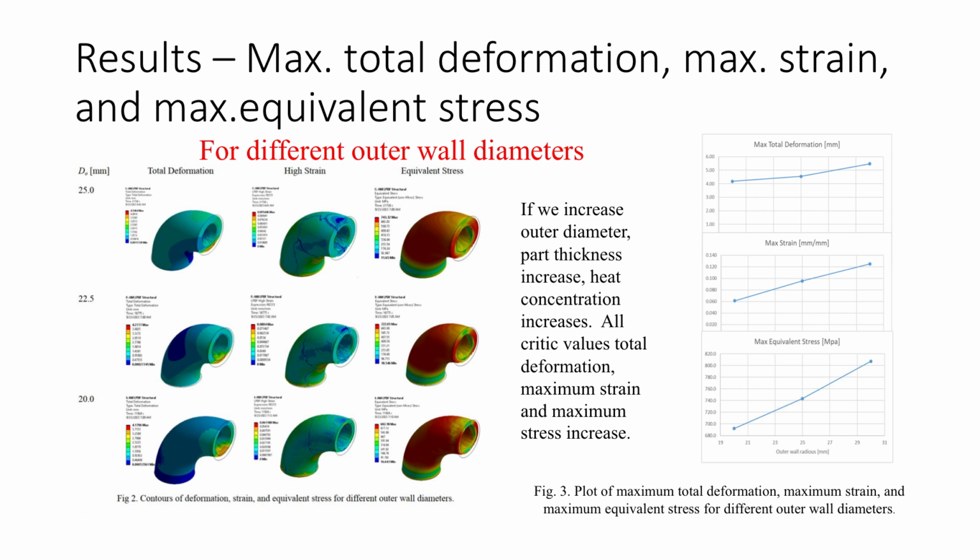So we evaluated if we have different outer wall diameters, how these parameters would change. So when we increase the outer diameter, we basically increase the part thickness and the heat concentration increases. So all the critical parameters we considered have an increasing trend.